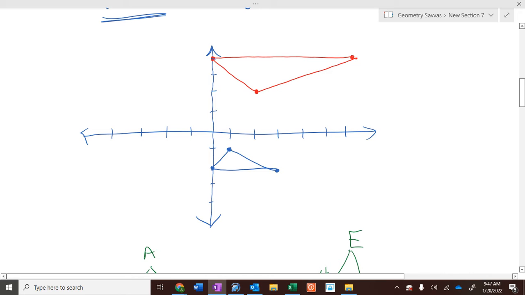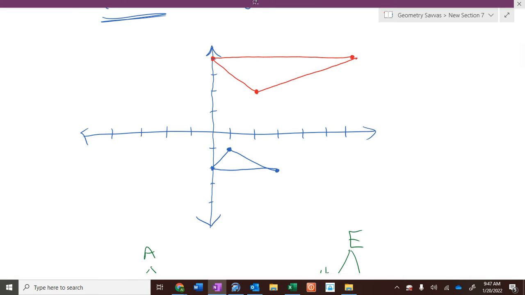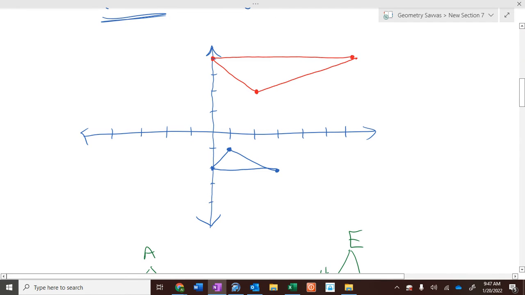Is it a reflection, then dilation? Which one of those? Reflection, dilation. Okay. So let's first reflect it across which axis? X-axis. We're going to reflect across the x-axis, so it'll be here, here, and here. Boom, boom, boom.